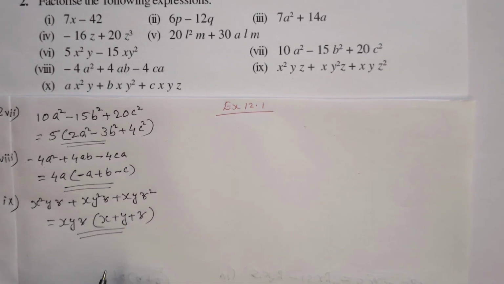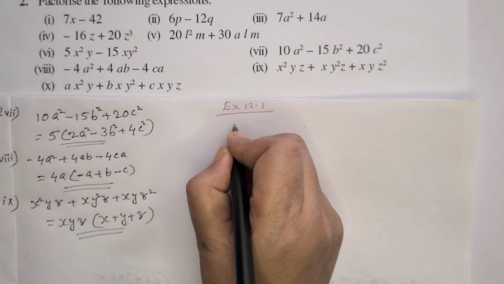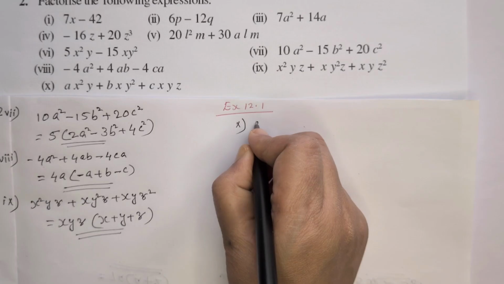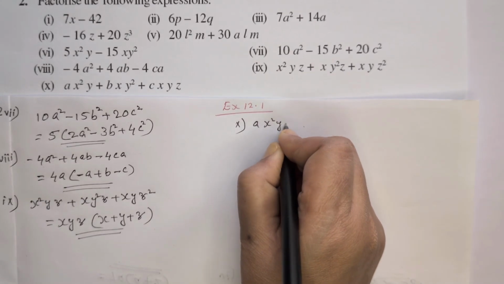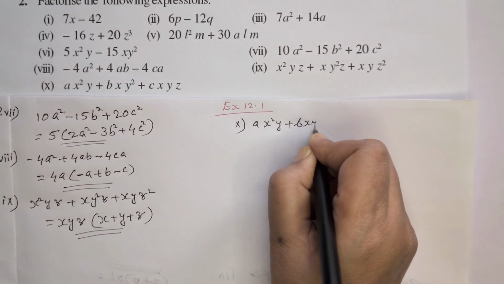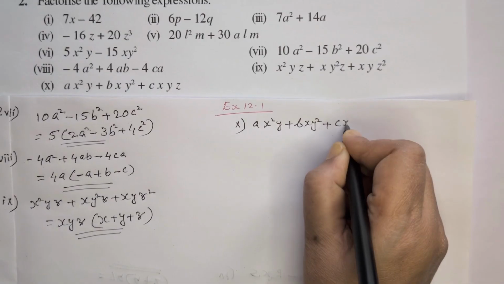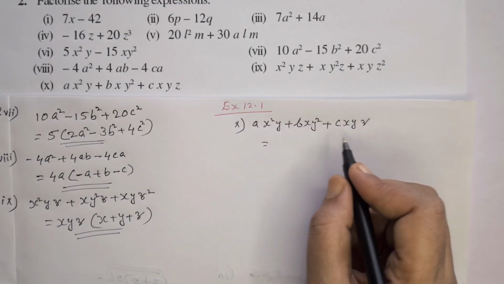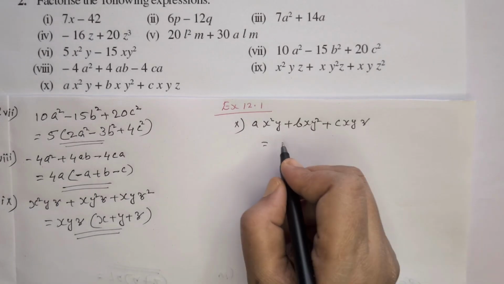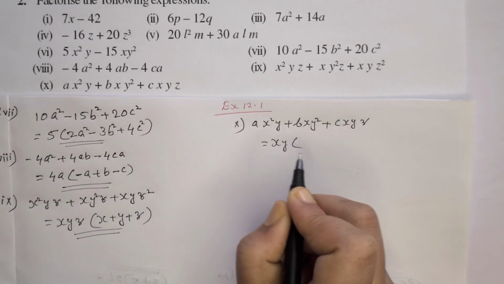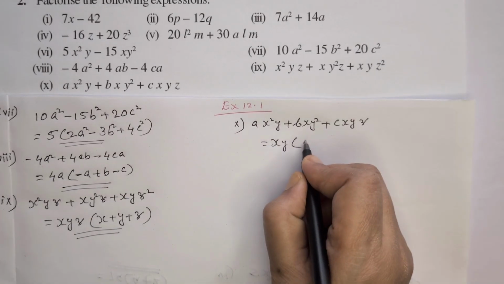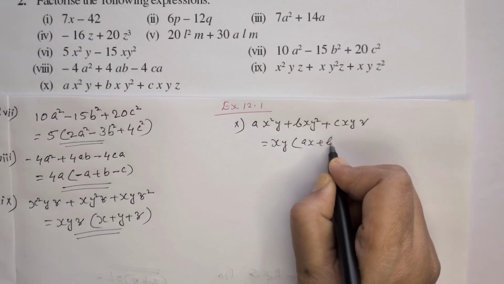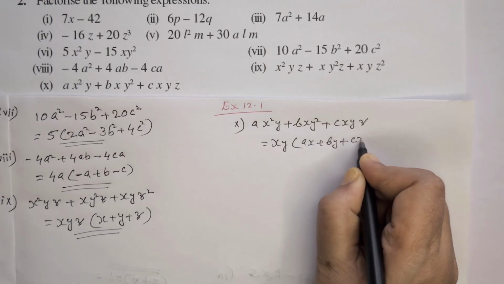So that's the answer. Now 10th one, ax square y plus bxy square plus cxyz. From there, all the three terms contain xy as common. So that xy we can take out. Then remaining ax plus by plus cz.